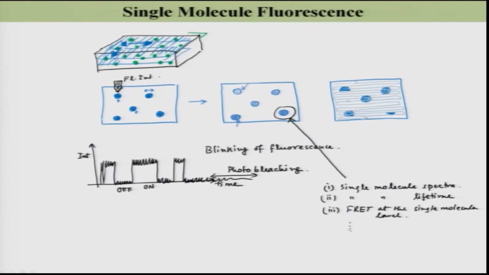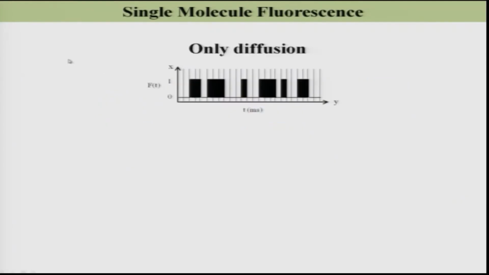But I would like to tell you one important application which is not in the solid matrix, but in the solution state. And if this is my observation volume, now you have a clear idea about this observation volume, right. When the molecule comes within this observation volume is my molecular trajectory.